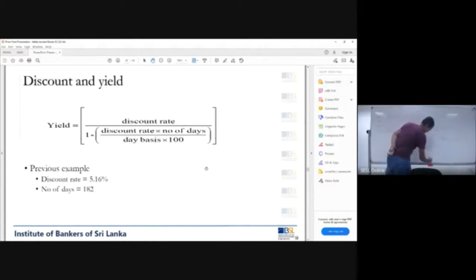Number of days 182. Day count is 365. Into 100.